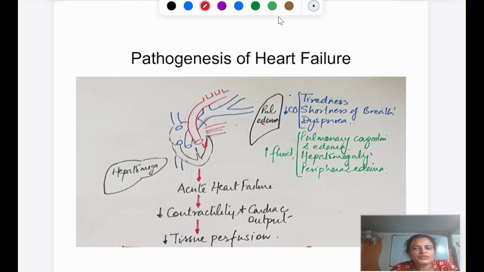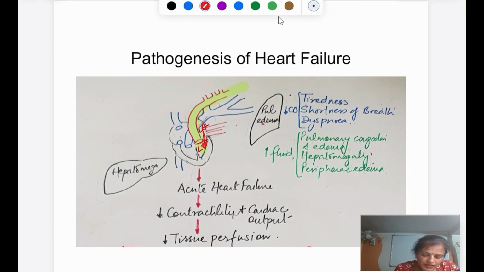So just see the pathogenesis of heart failure. What happens in a heart failure? If the heart is not able to pump the blood through the aorta, then the left ventricle won't be receiving the blood from the left atrium.